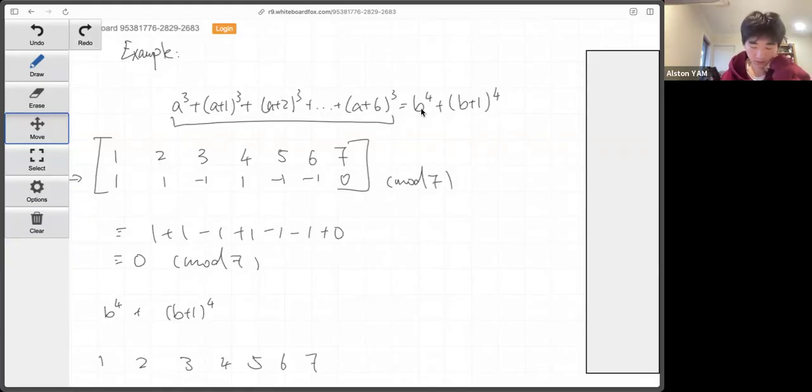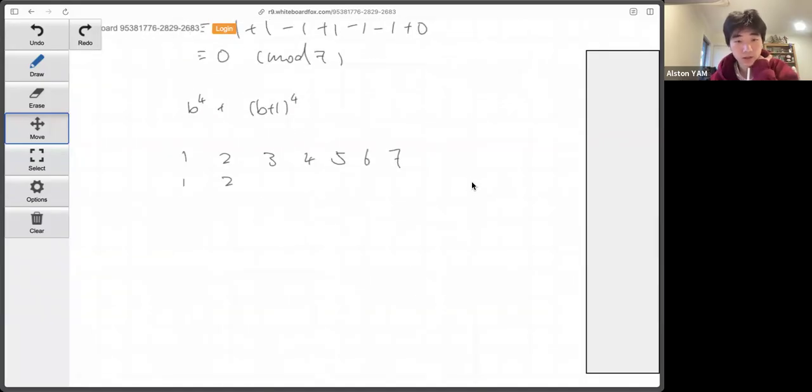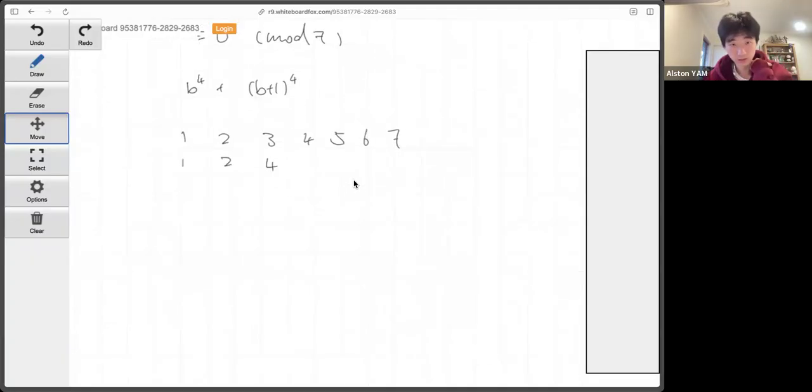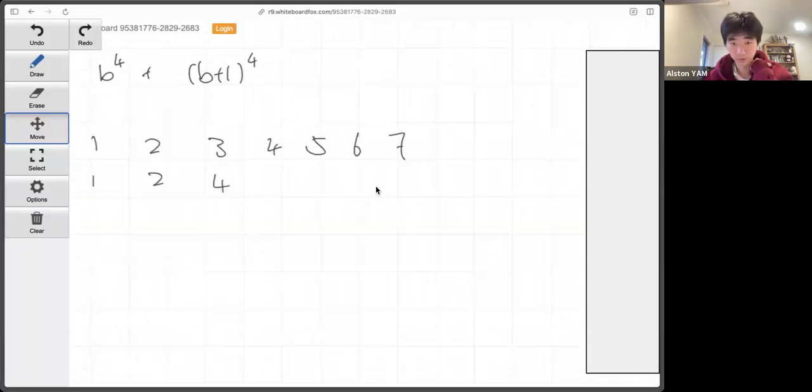we see that 1 to the 4 is 1, and then 2 to the 4 is 16, which mod 7 is 2, and then 3 to the 4 is 81, which will be minus 3, which is 4 mod 7, and then we have 4 to the 4, which is 256.